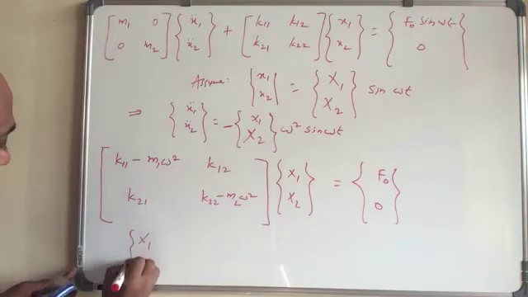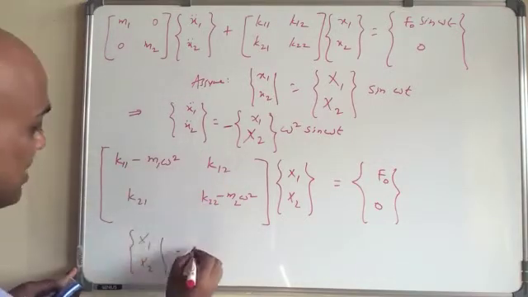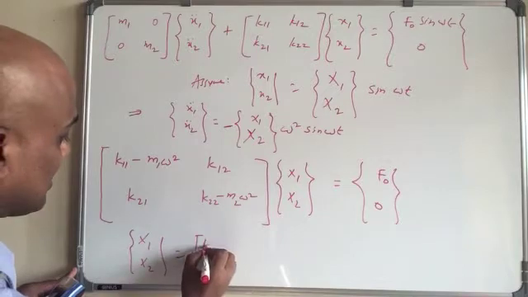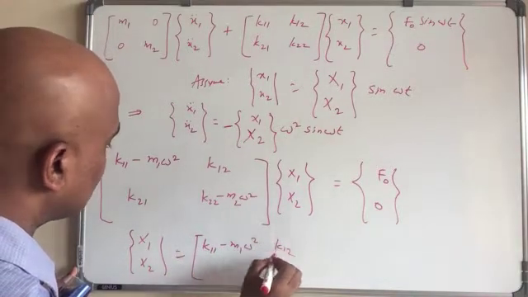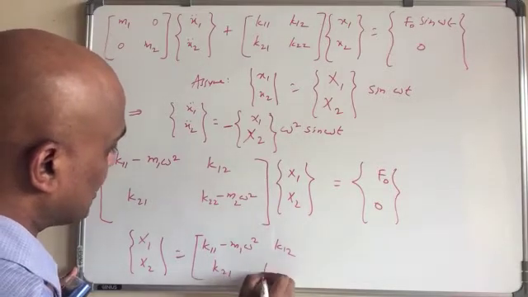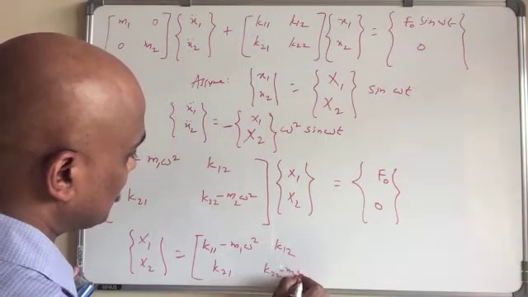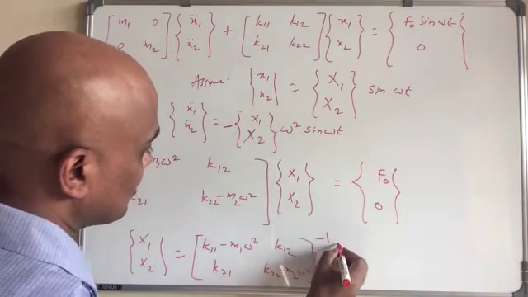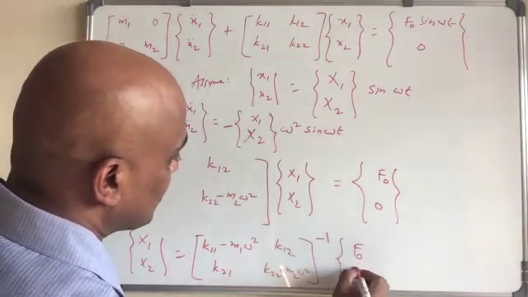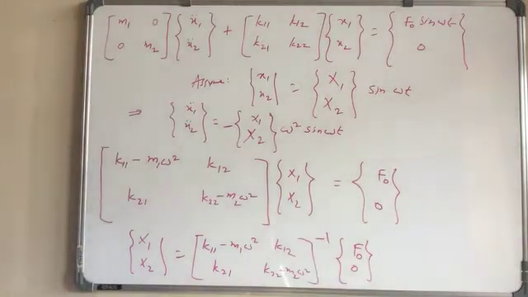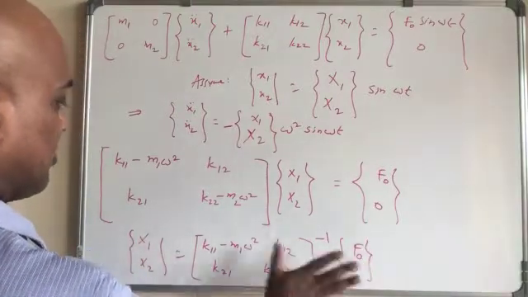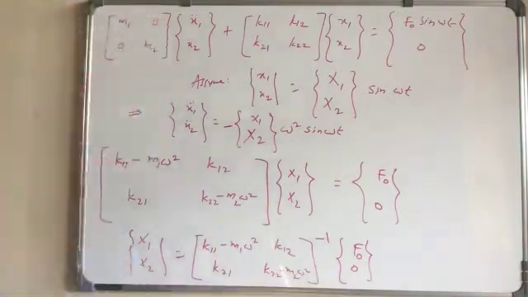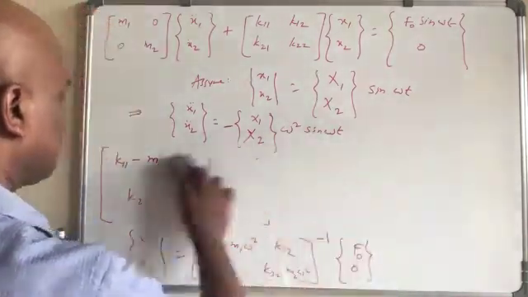So x1, x2 will be equal to the inverse of that matrix, k11 minus m1 omega square, k12, k21, k22 minus m2 omega square, inverse of that multiplied by F0, 0. Now we have to find this one, and if you find it, it will be the final solution. So let's find out.